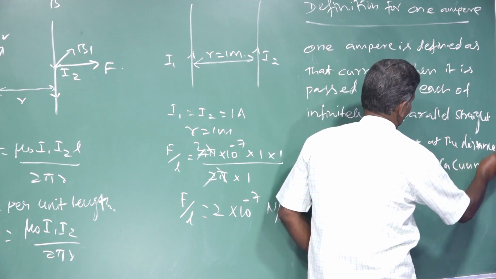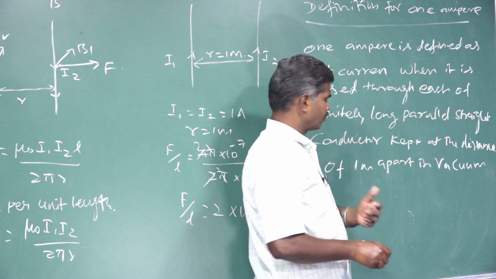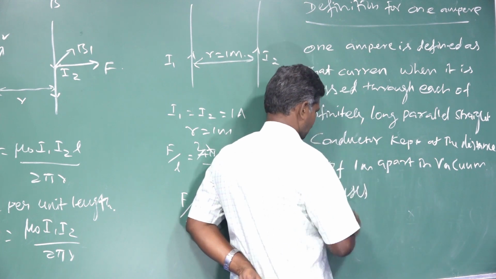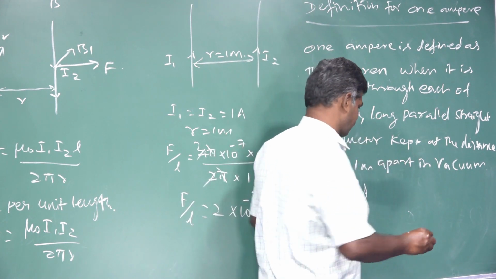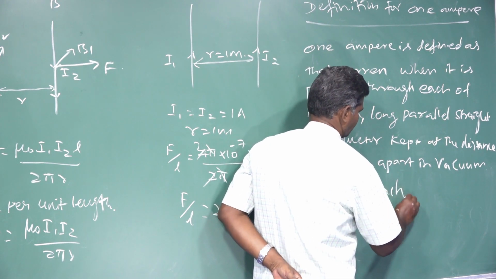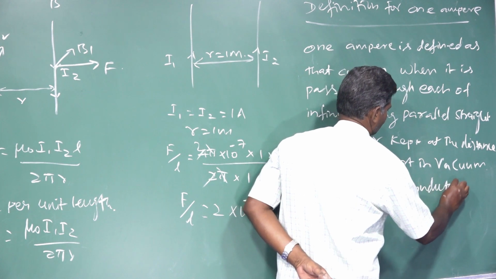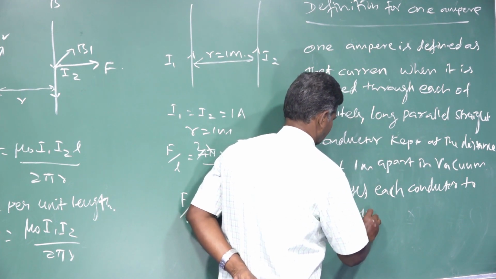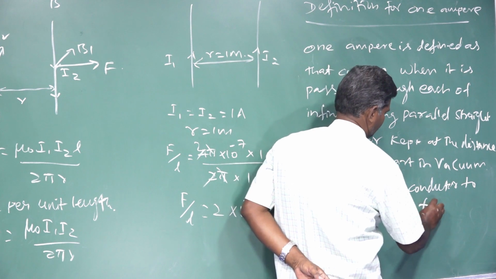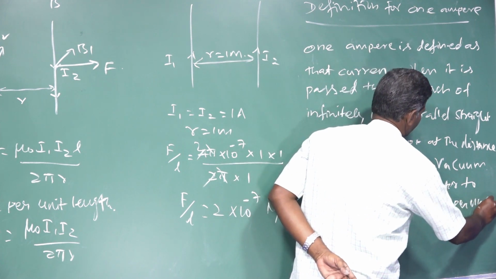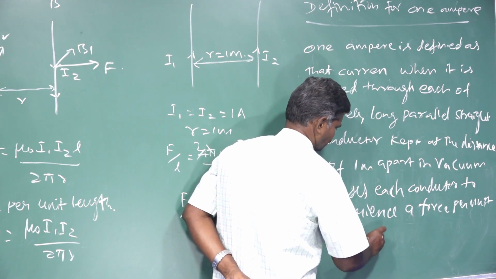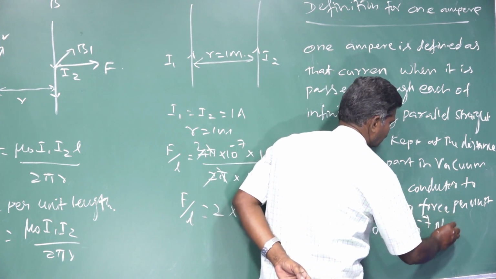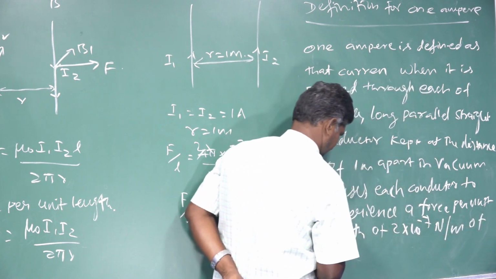At that time, it causes each conductor to experience a force per unit length of 2 into 10 to the power minus 7 Newton per meter of the long conductors.